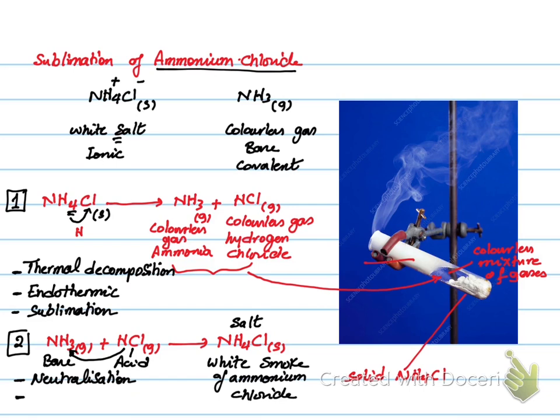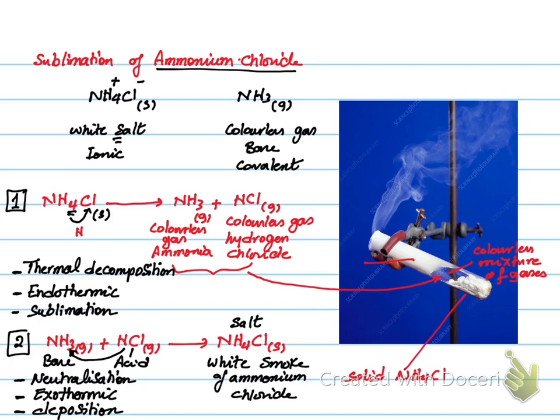Second, since reaction number 2 taking place at the top of the tube is the reverse of reaction number 1 taking place at the bottom of the tube, and since reaction number 1 is endothermic, therefore reaction number 2 is exothermic. Third, because gaseous reactants, ammonia and hydrogen chloride, are converted into solid product directly without passing through the liquid state, this is deposition.